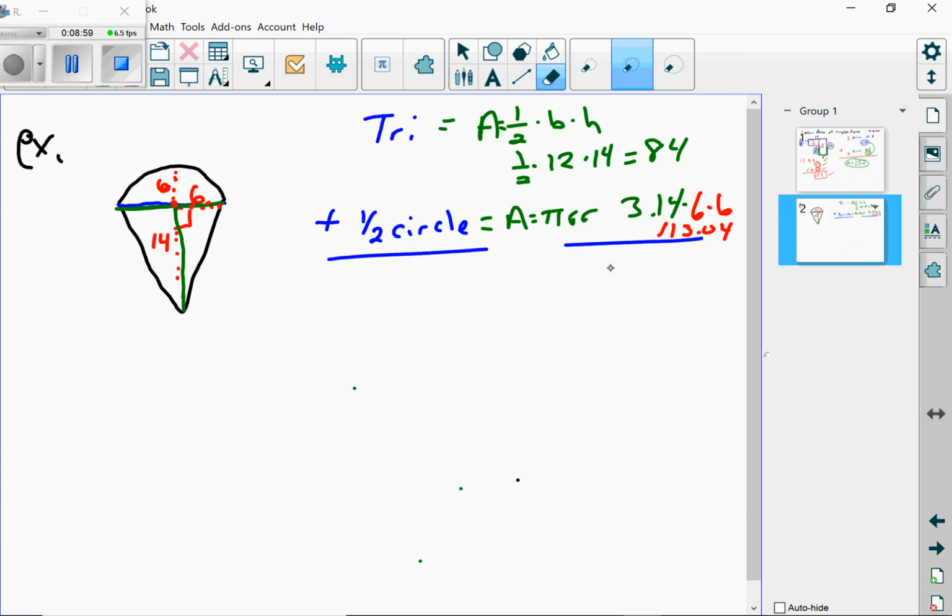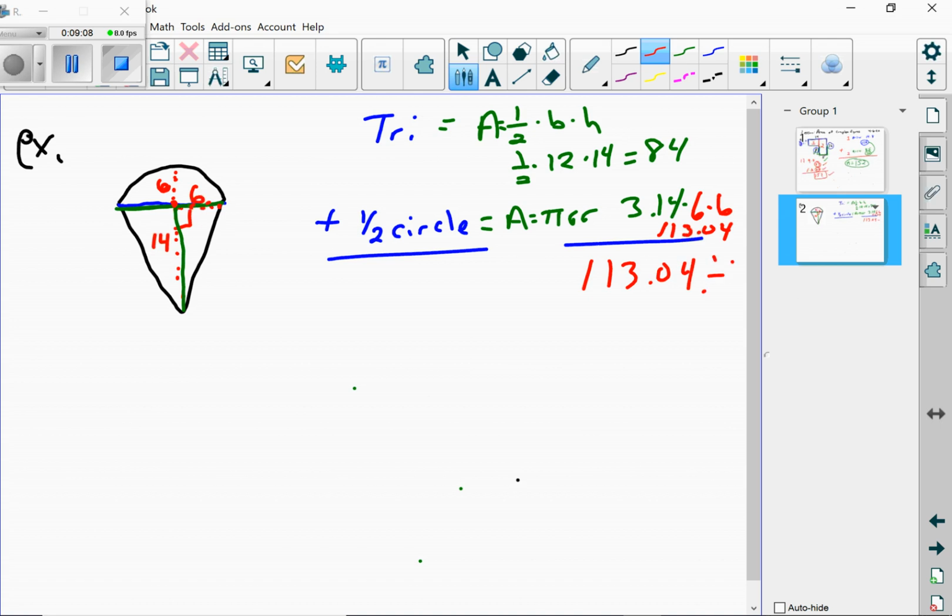I need to take my calculator now and do 113.04 divided by 2. I had to go grab my calculator. So 113.04 divided by 2 equals 56.52.